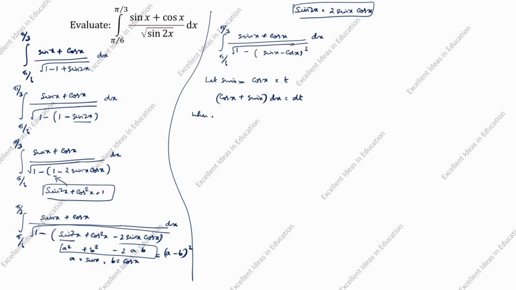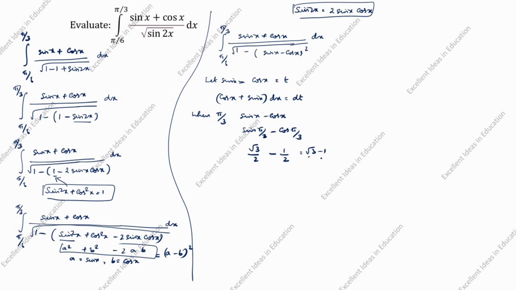When x is pi by 3, this is the upper limit, sin x minus cos x is sin pi by 3 minus cos pi by 3. So sin pi by 3 value is root 3 by 2, minus cos pi by 3 value is 1 by 2. This one, how will we write?